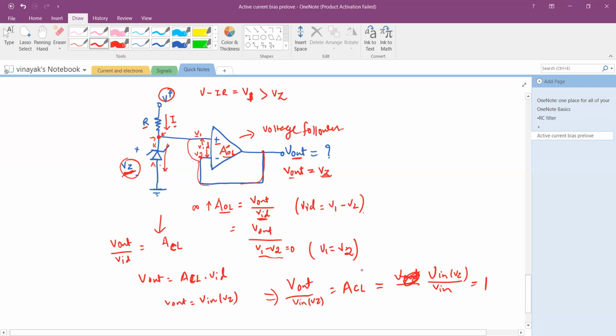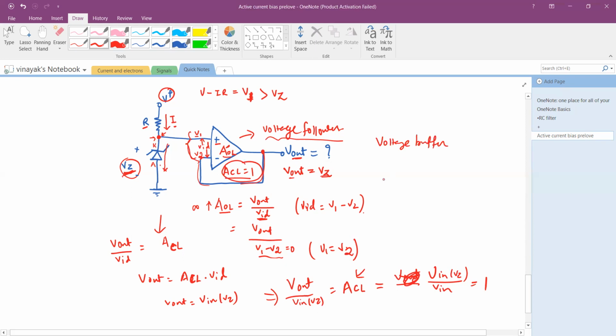So closed loop gain of the circuit is 1. You see the open loop gain of the amplifier helps us make sure that the difference between the two voltages, VID, is approximately equal to 0, ideally 0. And therefore, by shorting output back to input, we have this closed loop gain equal to 1, where the circuit works as a voltage follower. It is also called a voltage buffer.